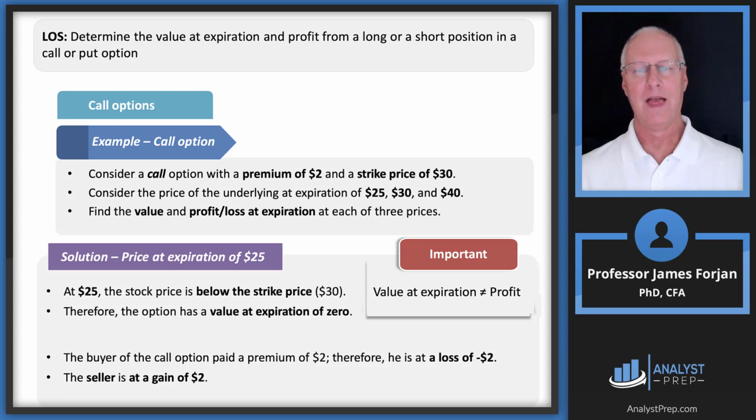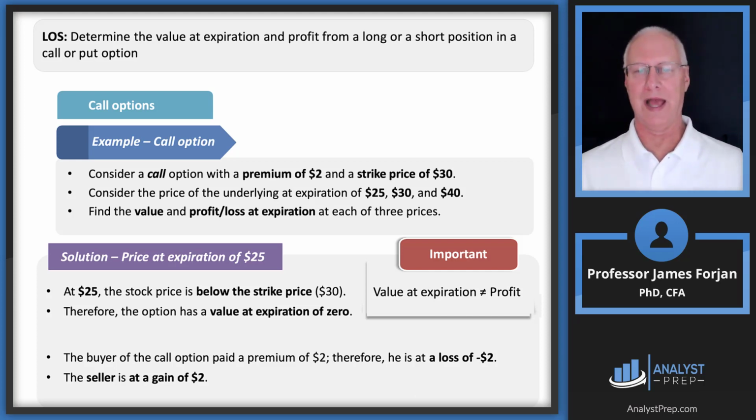So let's go ahead and start at $25. So what do you have? You have the right, but not the obligation, to buy at $30 from me, right? So the question is, why would you pay me $30 when you can go to the New York Stock Exchange and buy it for $25? So what you do is you allow the option to expire.